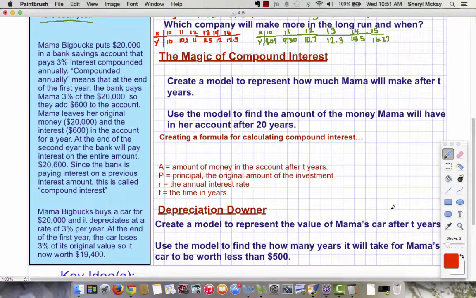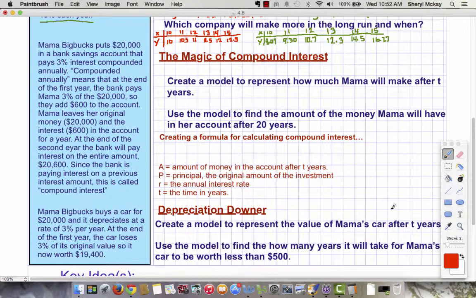Mama leaves her original money, the 20,000, and the interest, 600, in the account for a year. At the end of the second year, the bank will pay interest on the entire amount, 20,600. Since the bank is paying interest on a previous interest amount, this is called compound interest.